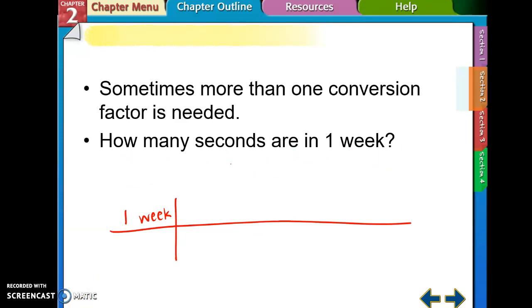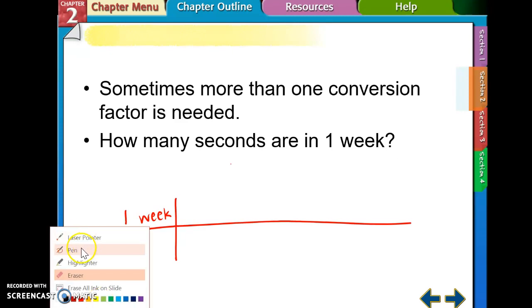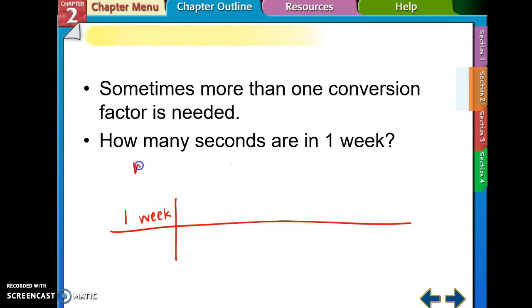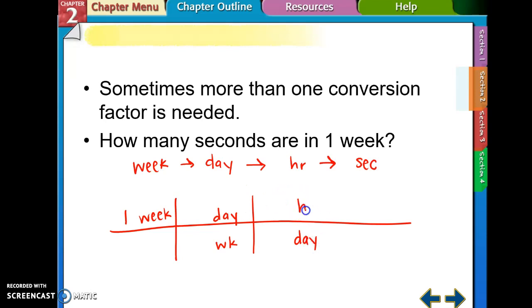There we go. So I'm actually going to go week to day to hour to seconds. Apologies. So I'm going to drop weeks down here to days, and then I'm going to go from days to hours, and then hours to seconds.